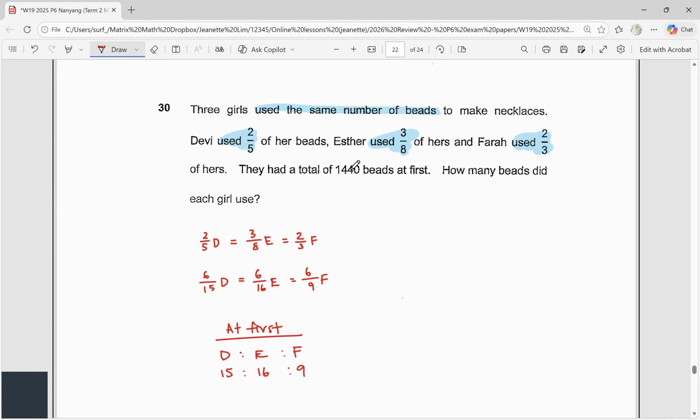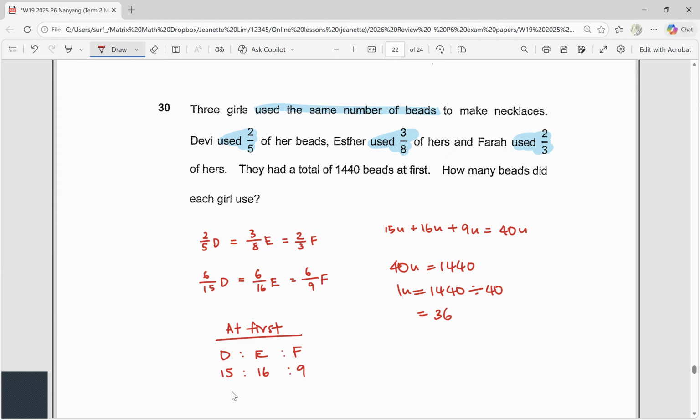They had a total of 1440 beads at first, so your 1440 should be the sum of the units, which is 40 units. So 40 units is 1440. 1 unit, we divide by 40 to get 36.